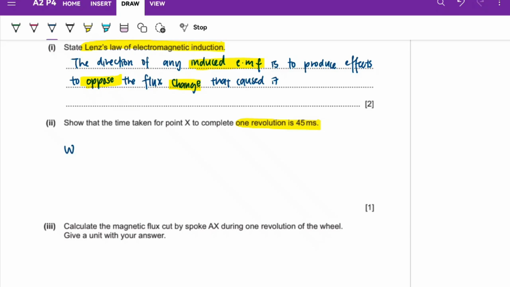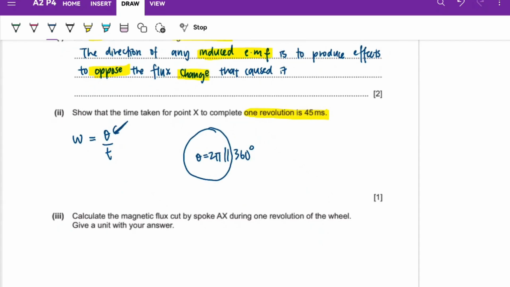Omega equals theta over T. Am I right? And we know for one revolution, your angle is 2 pi, or in other words, 360 degrees. But in this case, I forgot to mention as well, the angle here is in radians. So one revolution, you go 2 pi. We know our omega, so we can find our time.